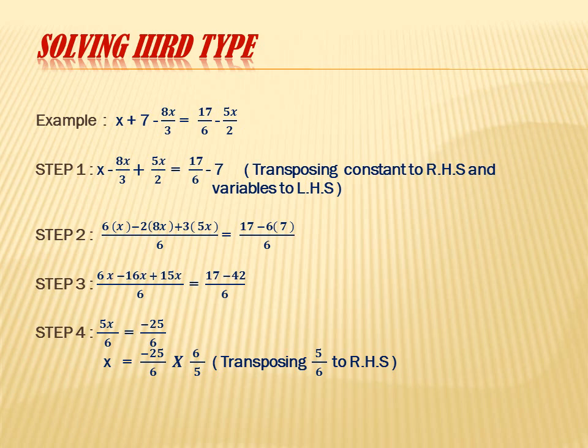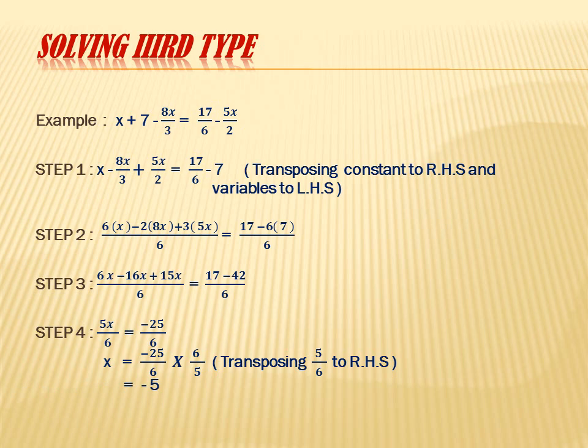After solving this one, we will get 5x by 6 is equal to minus 25, and when we transpose 5 by 6 to the right hand side, 6 will go to numerator and 5 will go to denominator, and that will be 6 by 5. Or you can say that 5 which was multiplied here will be divided, and 6 which is divided here will be multiplied in the right hand side.